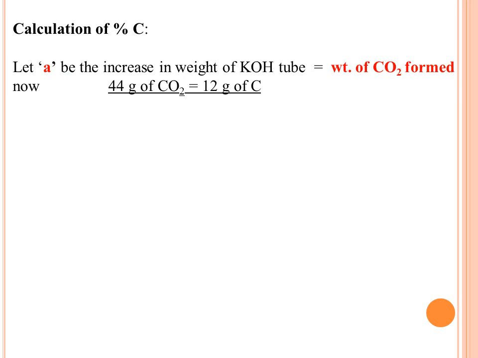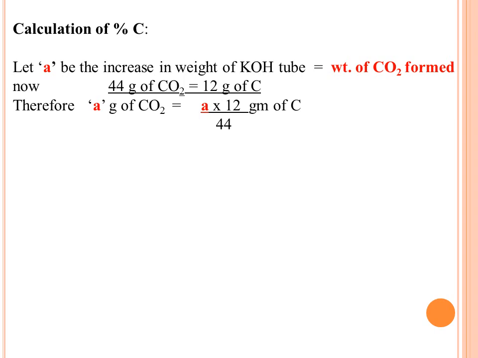Now we know that 44 gram of CO2 is formed from 12 gram of carbon. So 44 gram of CO2 contains 12 gram of carbon. Now how much CO2 is formed? It is A. So in A gram of CO2, how much carbon is there? That is, A gram of CO2 contains A into 12 upon 44 gram of carbon.